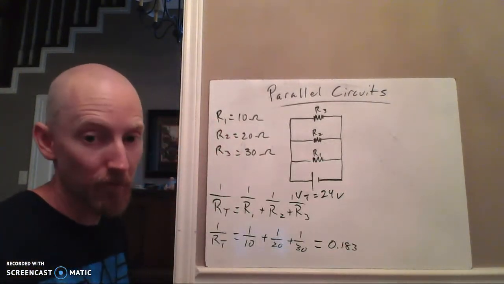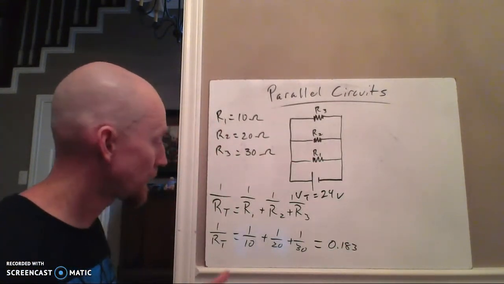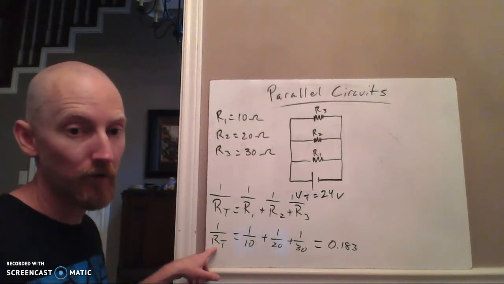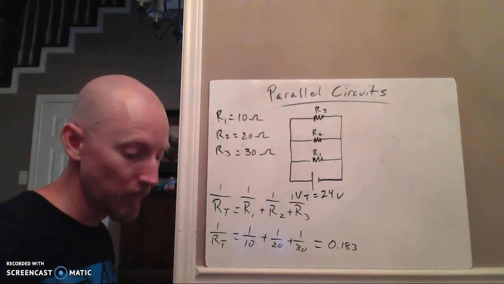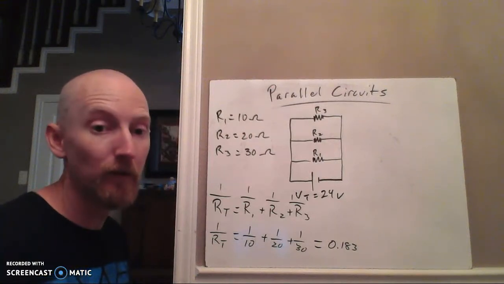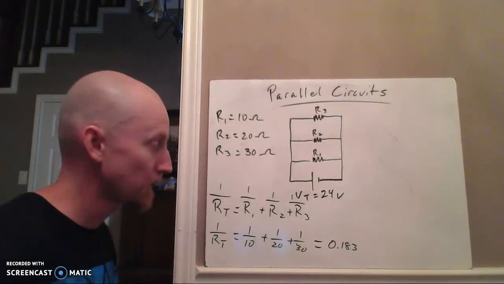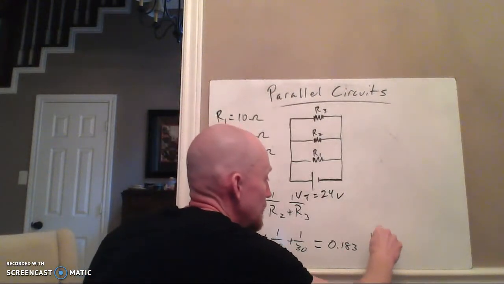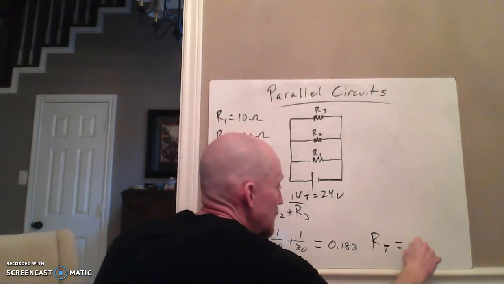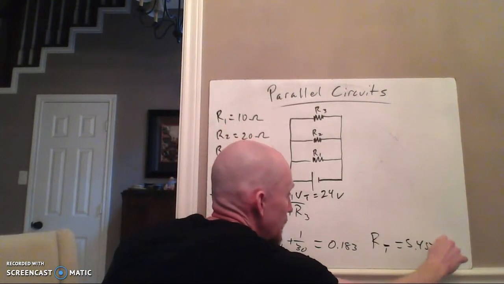And the reason I don't get something that looks very friendly is because what I just got was 1 over RT. I don't want that. I want RT. I want total. So I'm going to take the reciprocal, and that gives me RT equals 5.45 ohms.